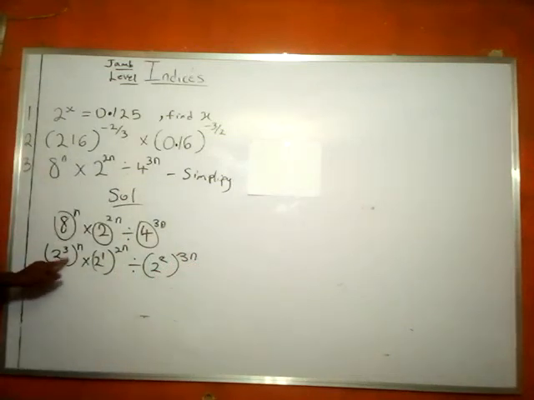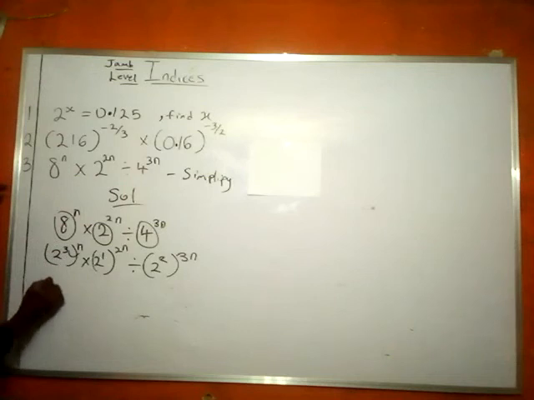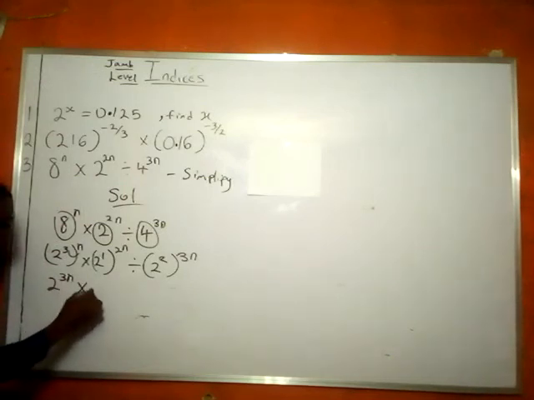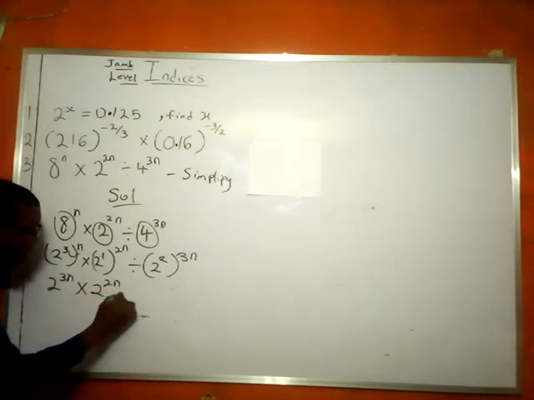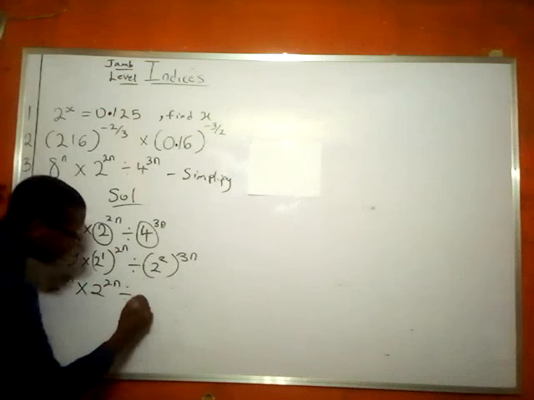If you follow the law of indices, the law states that when we have something like this, we'll multiply this by this. So we'll have 2 raised to power 3n multiplied by 2 raised to power 2n divided by 2 raised to power 6n.